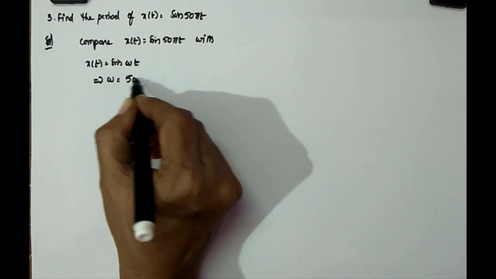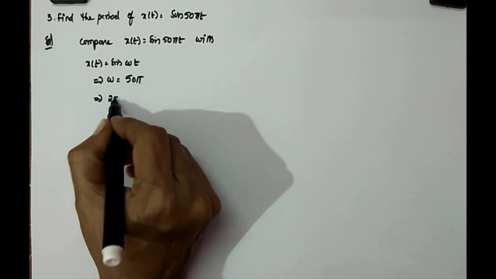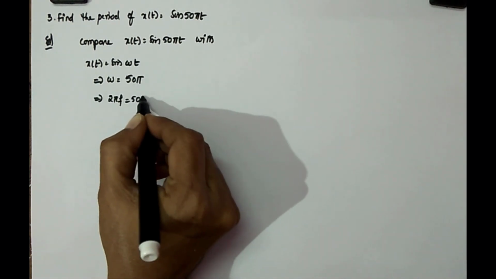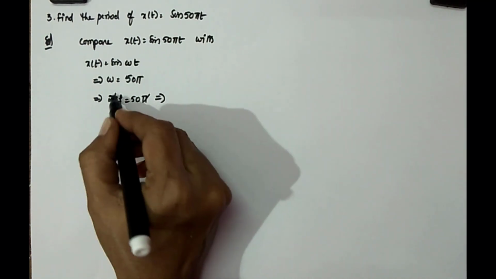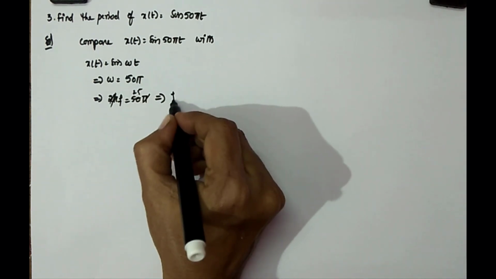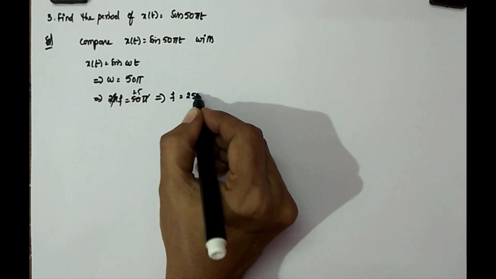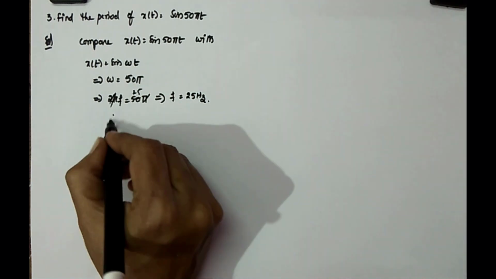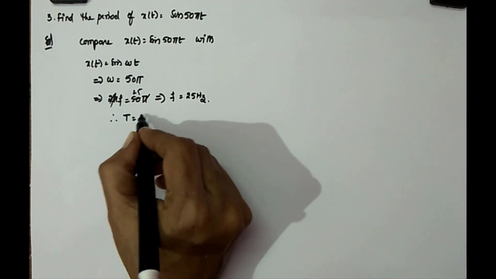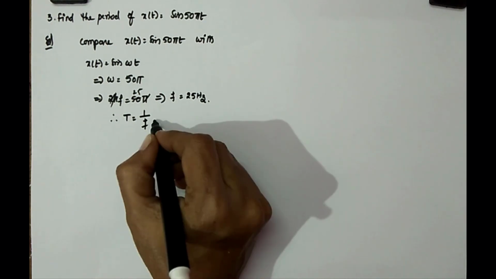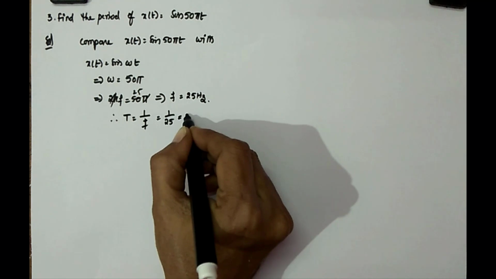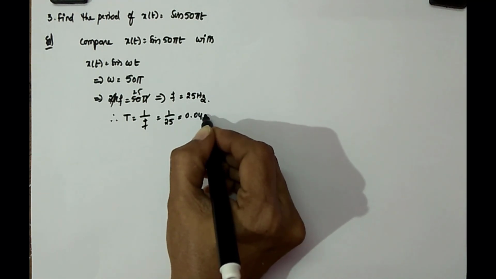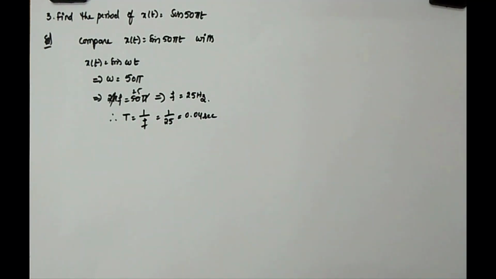Omega is 50 pi. 2 pi f is equal to 50 pi, which implies f is equal to 25 Hz. Therefore, the period T, which is equal to 1 by f, is 1 by 25, which is nothing but 0.04 seconds.